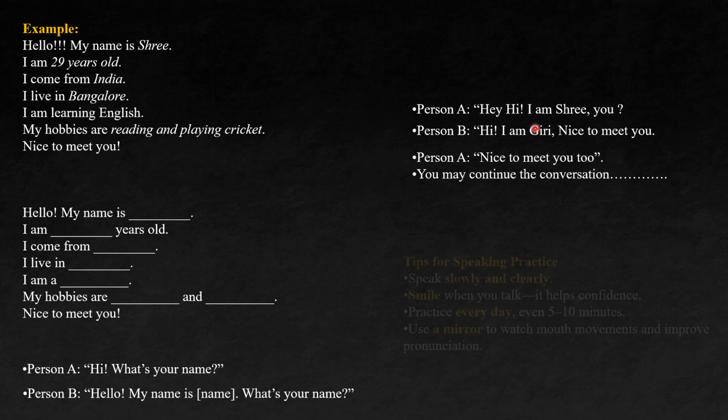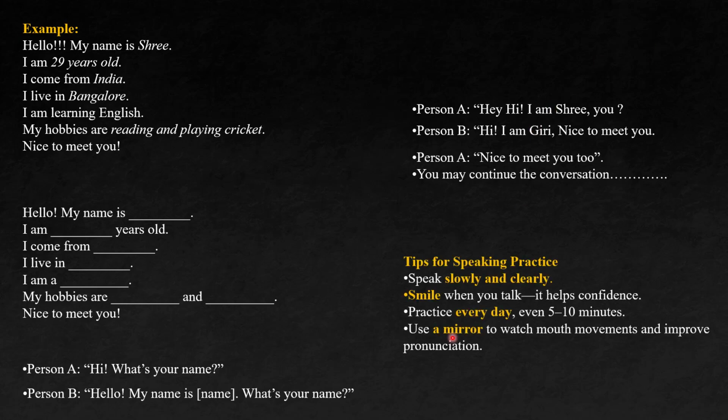Okay, I have a couple of tips for you guys. The first thing is speak slowly and clearly. If you're a beginner, speak slowly and clearly. It's very important, because sometimes while speaking you might miss words, and people can't even understand.